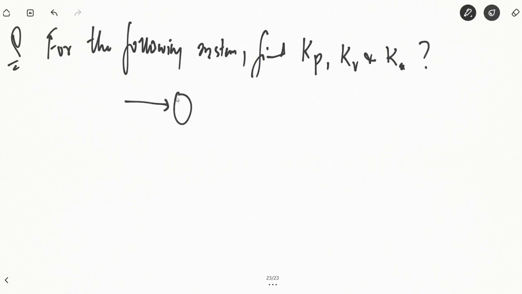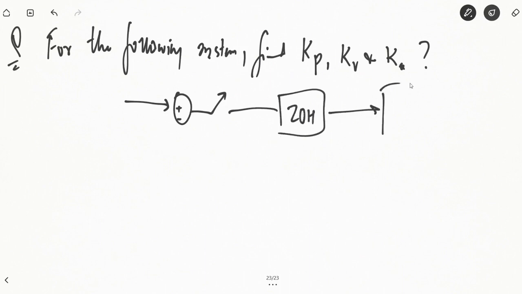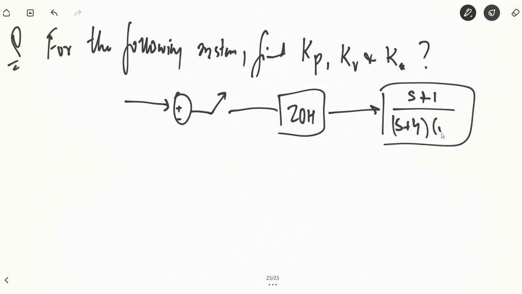This is your system: the zero order hold followed by (s plus 1) divided by (s plus 4)(s plus 5).